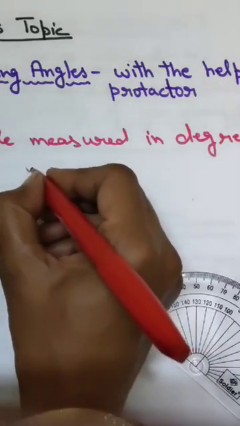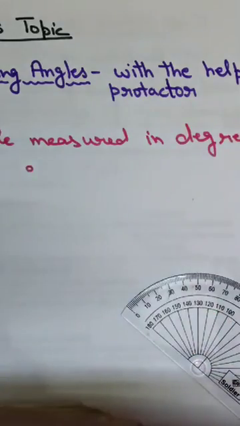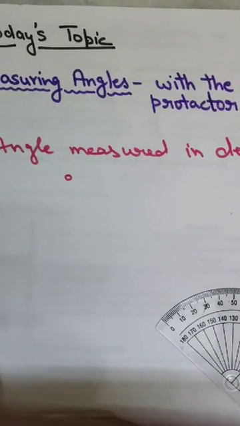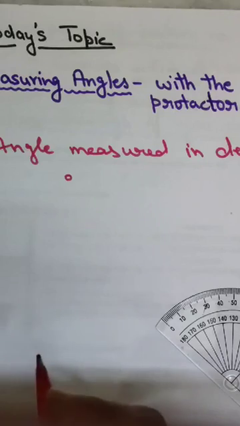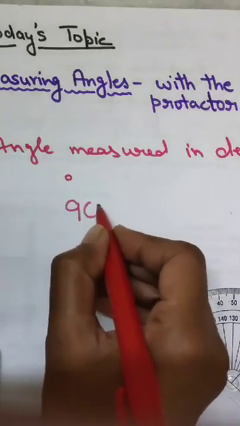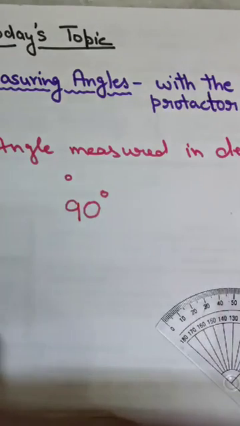And this is the sign of degree, a small 0. Fine. Suppose it is a 90-degree angle, then how will we write it? We will write it like this: 90 degrees. Fine.